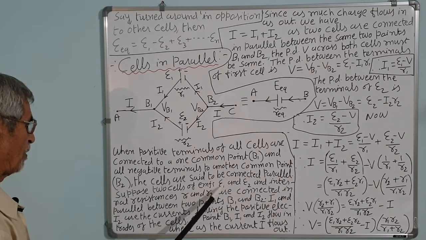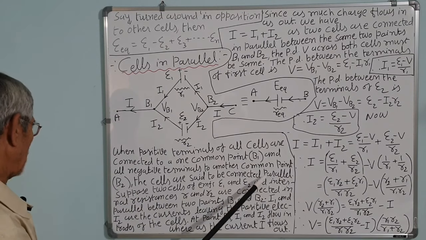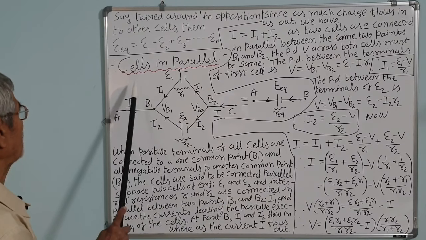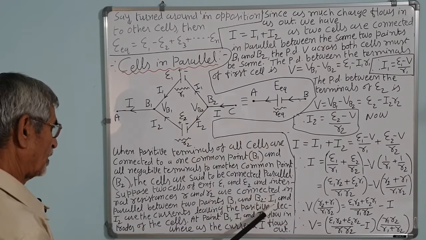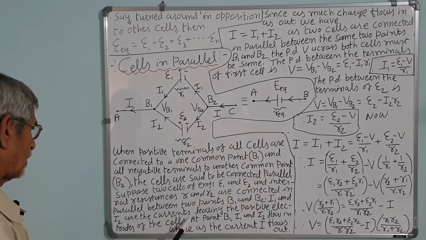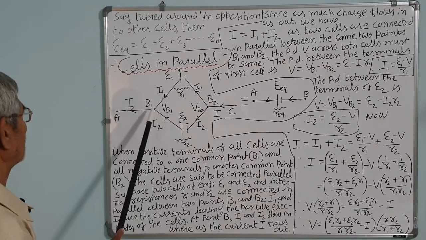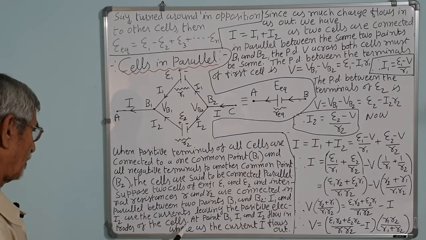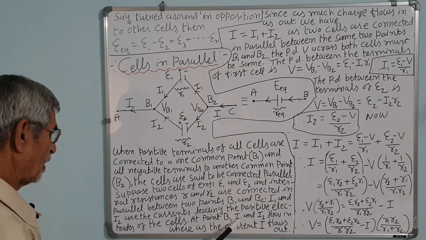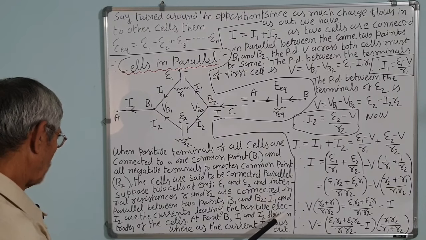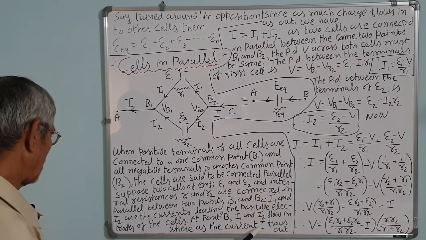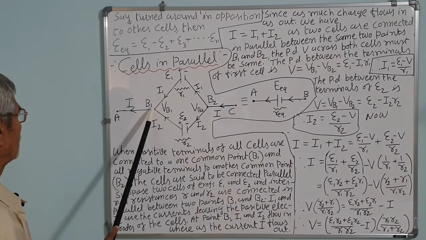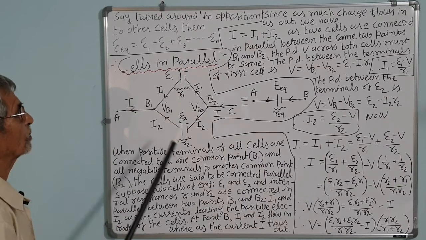Suppose two cells of EMF E1 and E2 and internal resistances r1 and r2 are connected in parallel between two points B1 and B2. Let I1 and I2 be the currents leaving the positive electrodes. At point B1, the currents I1 and I2 flow in, whereas the current I flows out.